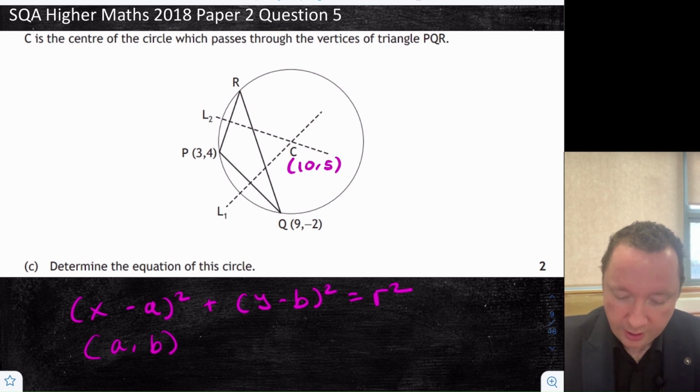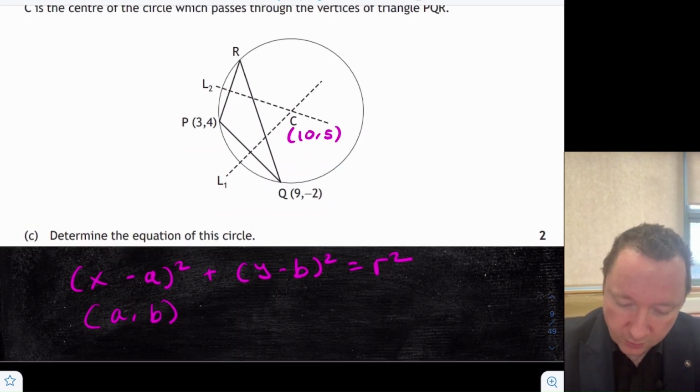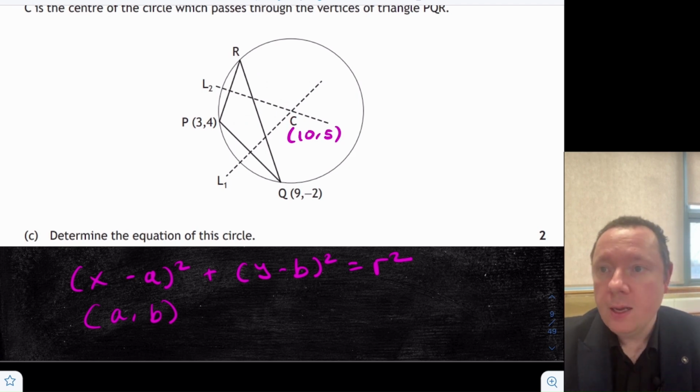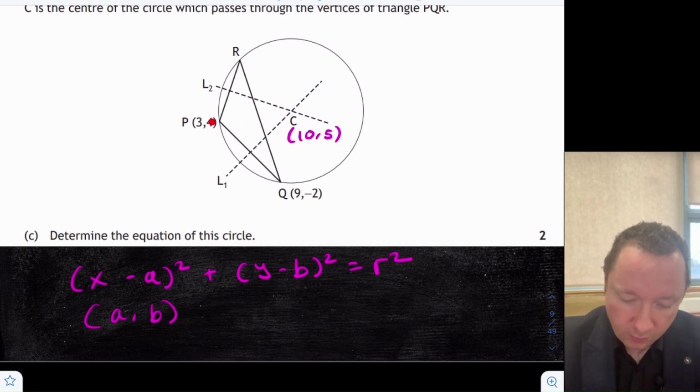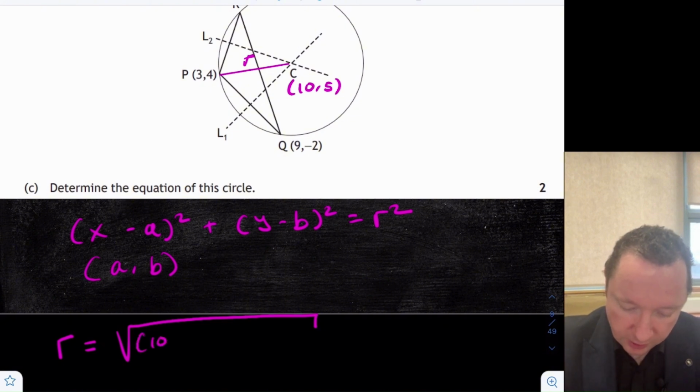So now we just need to work out the radius. So we need the distance between the centre and one of the points. Any one would do, but we know P, we know Q. So let's use P and work out this distance. I'll just draw it on for us. There's our radius there. So using our distance formula, r equals the square root of (x2 minus x1) squared, so (10 minus 3) squared, plus (y2 minus y1) squared, (5 minus 4) squared.